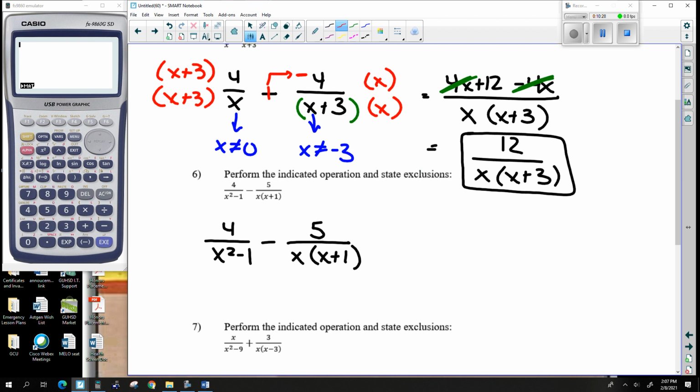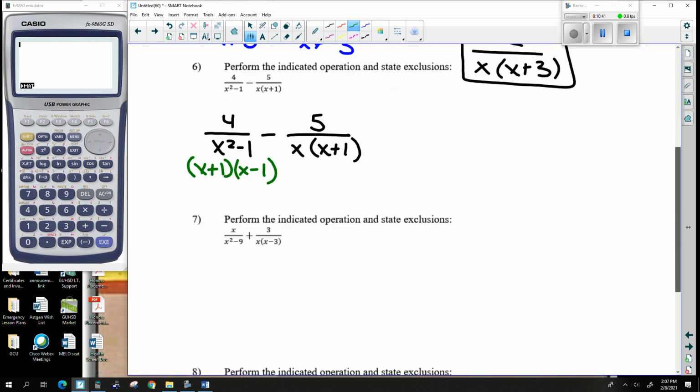Okay, so we're taking one more slight step forward. I notice that this left-hand denominator is technically x plus 1, x minus 1. If I were just to blankly multiply this to the right, it wouldn't make much sense for me to multiply an x plus 1.